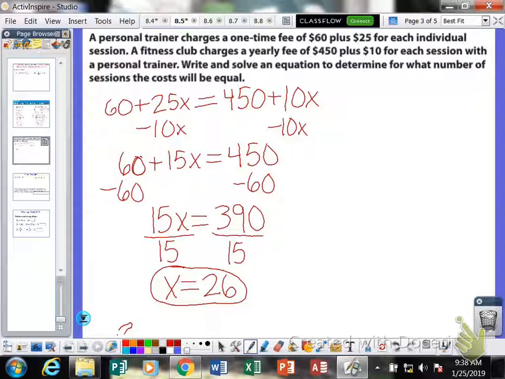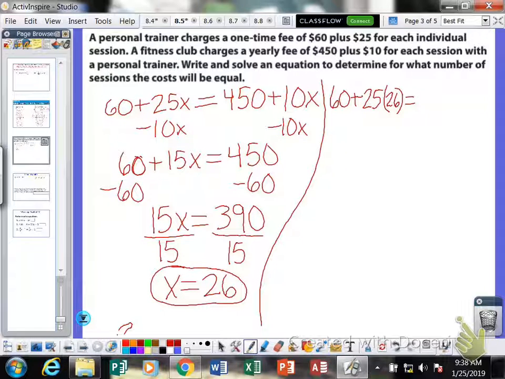So we would have 60 plus 25 times 26 equals 450 plus 10 times 26.